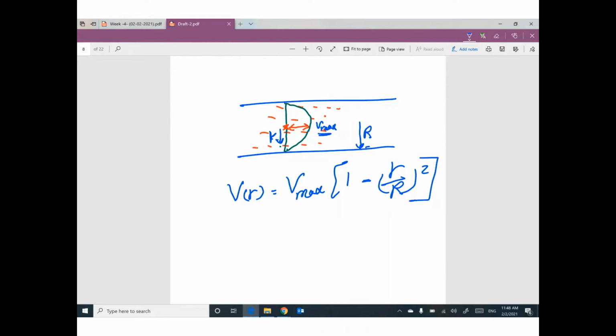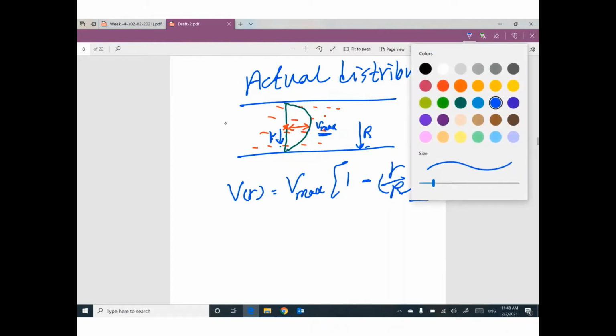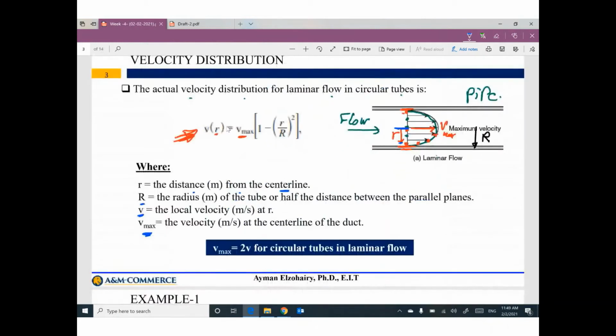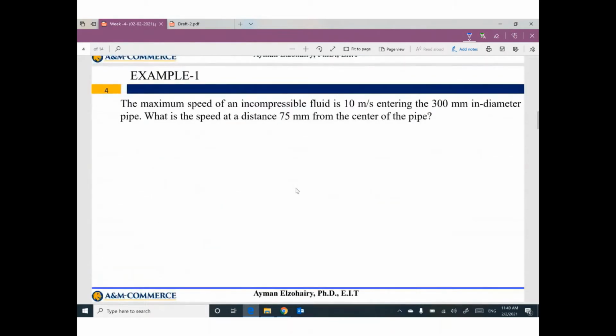This is the actual distribution of velocity. Probably we are not using the actual distribution, we are using the average velocity, and we are assuming constant velocity. Anyway, we have an example here.